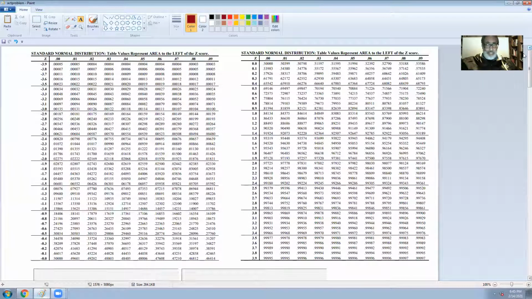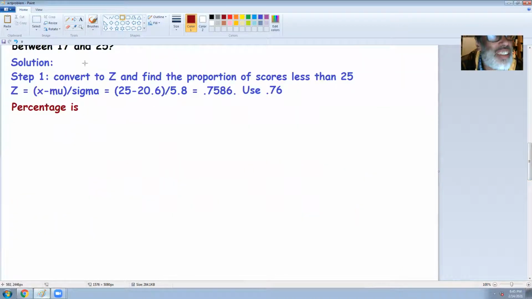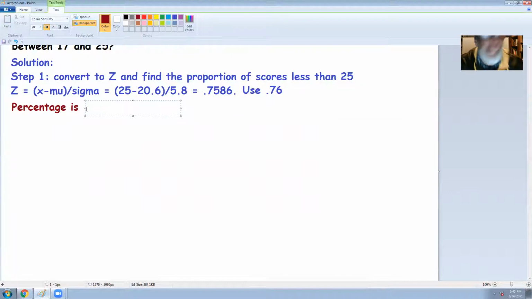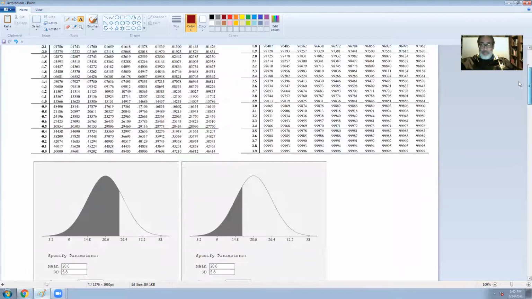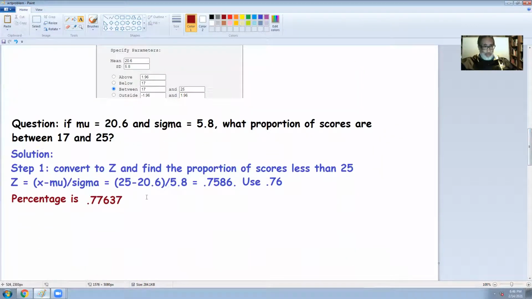It's 0.77637. Okay, let's do a double check to make sure that's right. 0.77637. Okay, so we know that part.